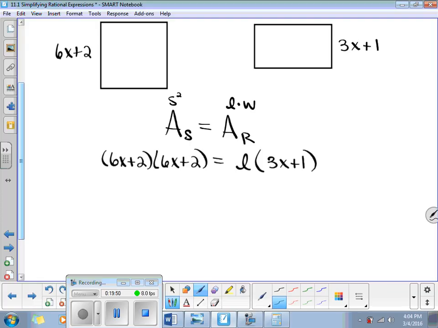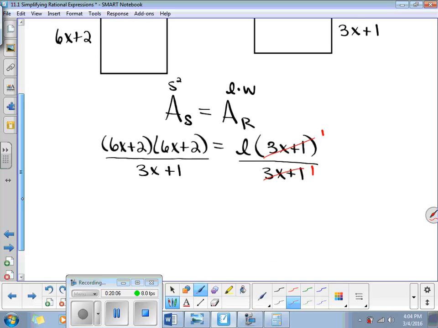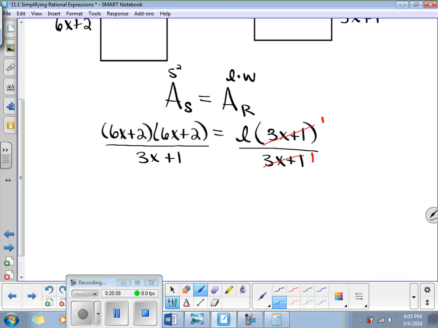So we're going to divide by 3x plus 1 over there, and we'll divide by 3x plus 1 on this side. So now you can see that the 3x plus 1's will cancel, and we're left with the length on that side. And then over here, we got to do some factoring.